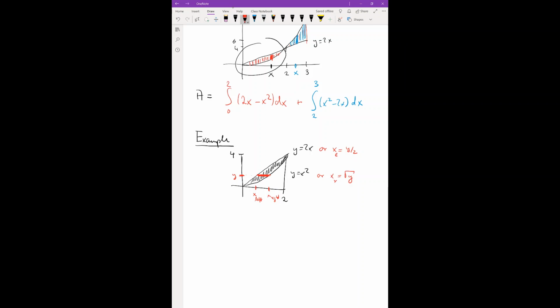It is the right minus the left. So it is the square root of y minus y over 2. That is the length of this rectangle. The thickness of this is a small increment in y direction. And I do this for all y between 0 and 4.